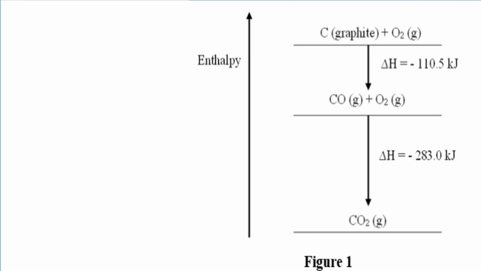If you look at the energy level diagram here, we do have graphite. It is combusted in excess oxygen, and it releases negative 110.5 kilojoule to produce carbon monoxide and oxygen gas.